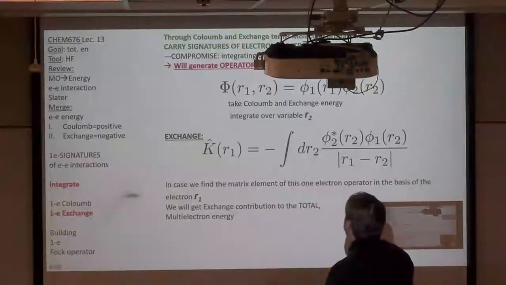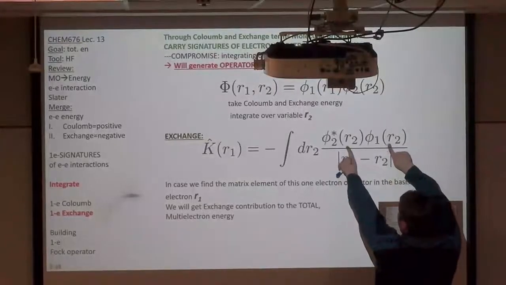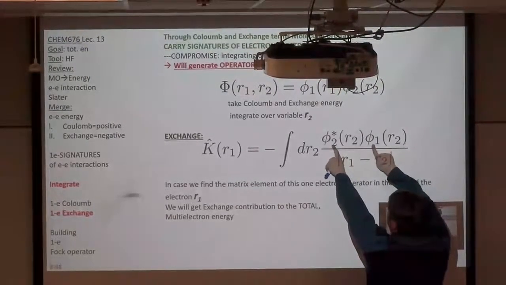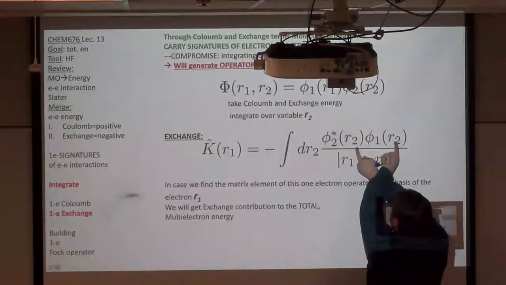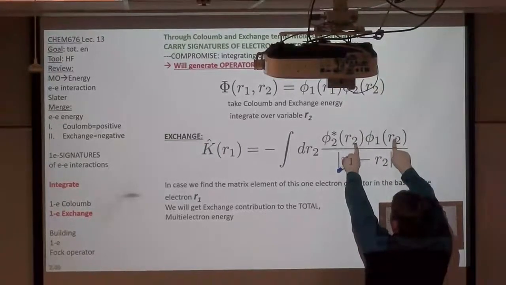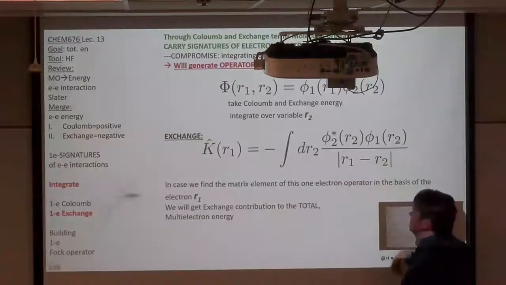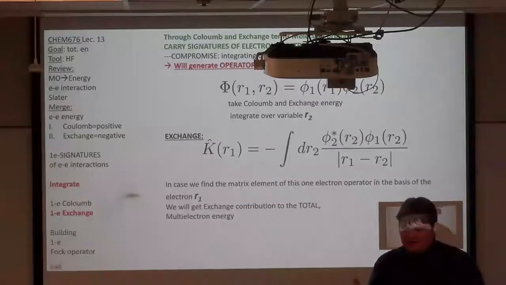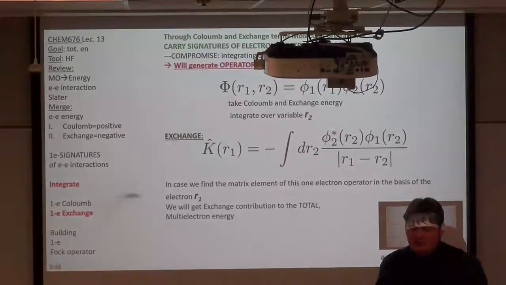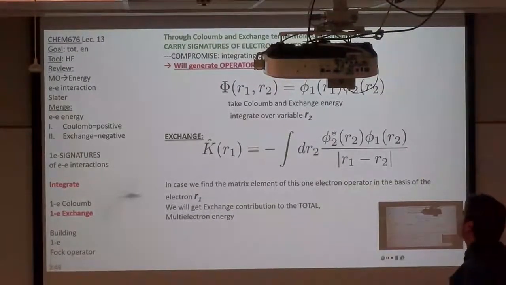If we put different orbitals here and still integrate over R2, then it will give rise to the stabilizing exchange term in the total energy.